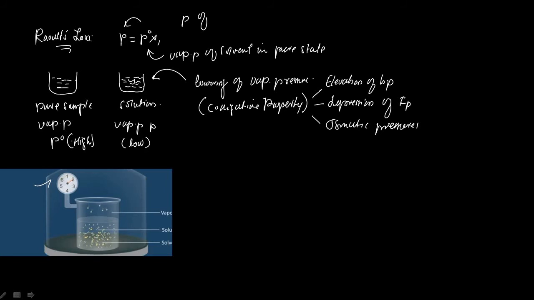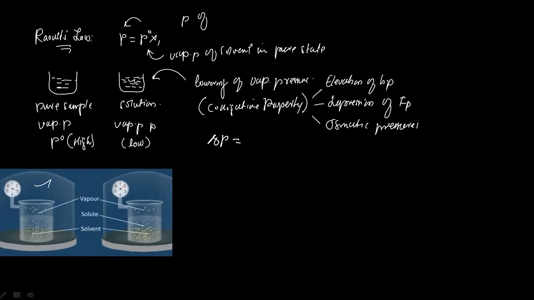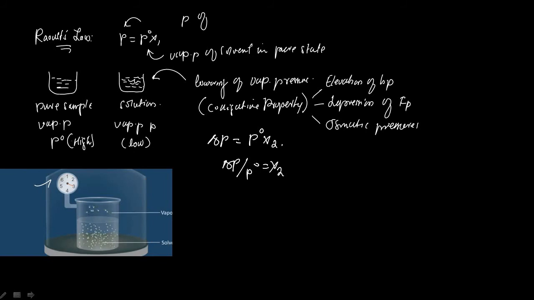In Raoult's law we derived an expression: delta P is equal to P naught x2, or delta P over P naught is equal to x2. So these are two important expressions, especially delta P and delta P over P naught.